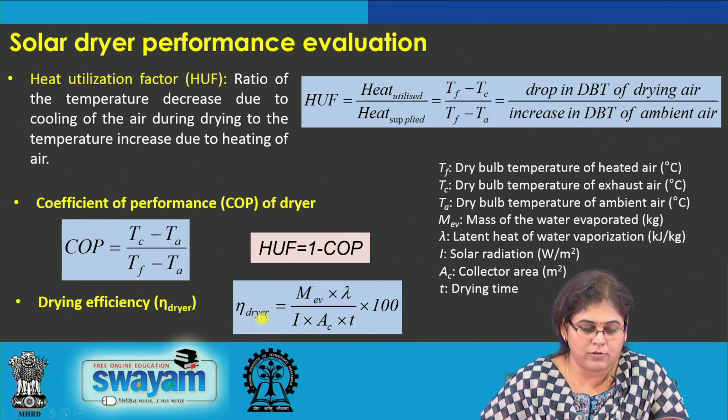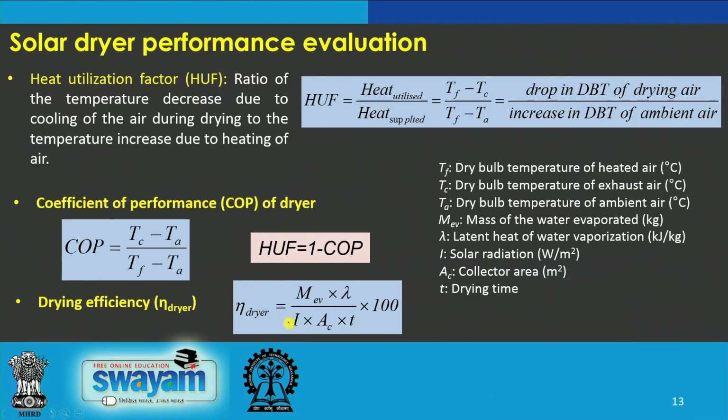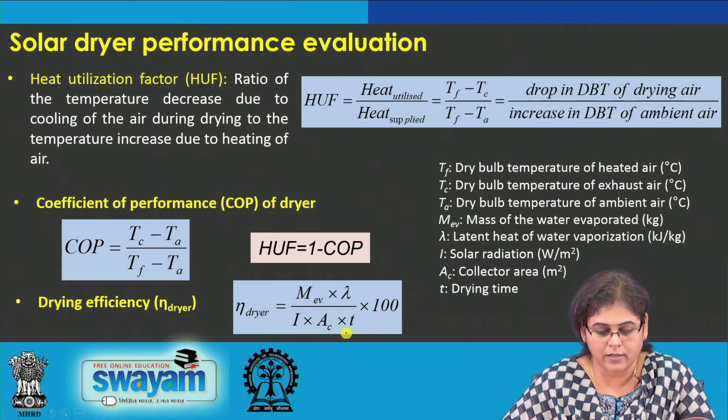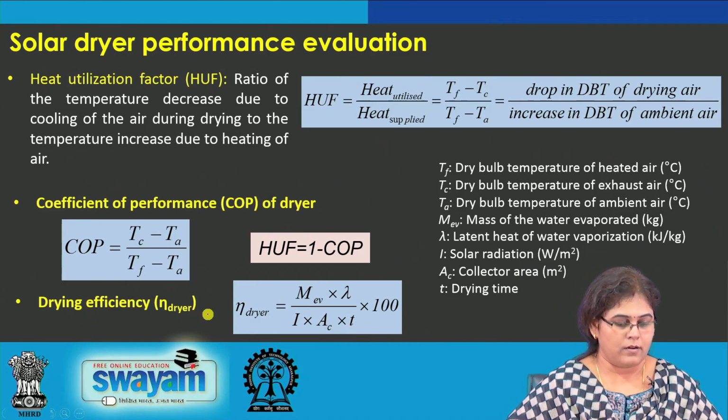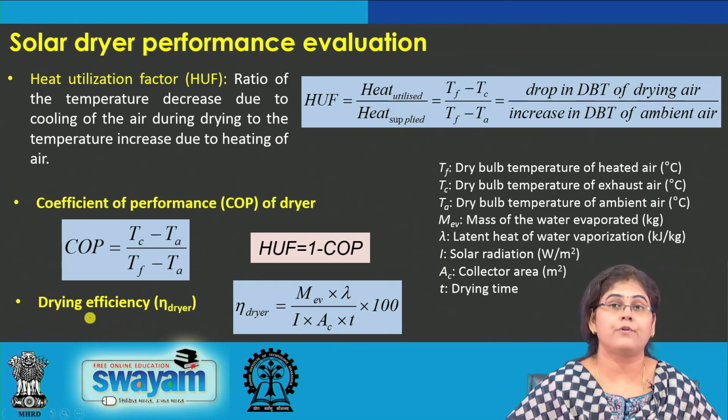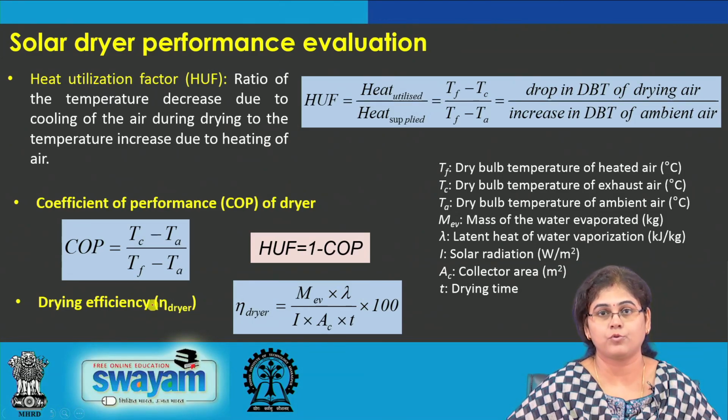The efficiency during the drying process can be represented as the ratio between the product of the mass of water evaporated in kg into the latent heat of water vaporization, upon the input energy, that is the solar radiation intensity into the cross sectional area of the collector per unit time. So, this is the expression for calculating the drying efficiency during solar drying of food products.